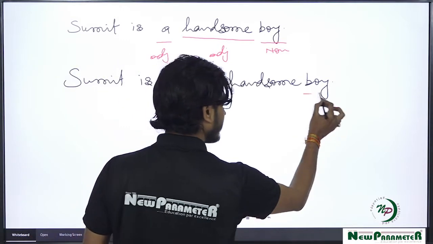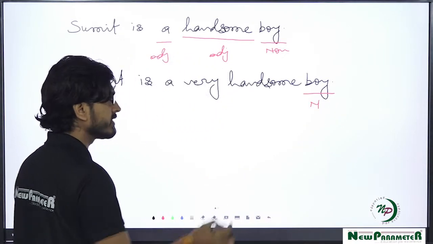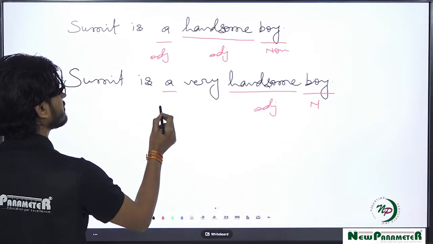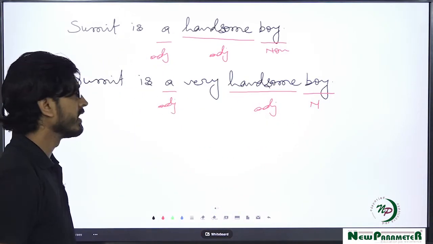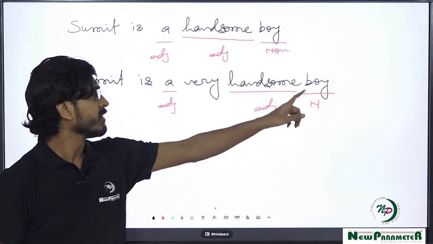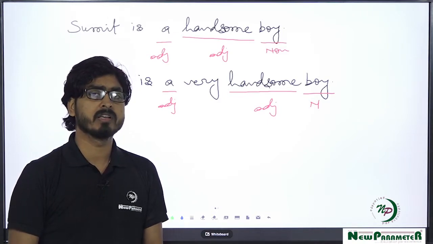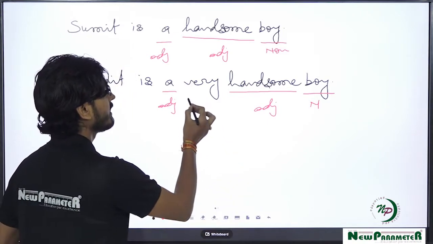Now we again see this is a noun. And what is the detail of this boy? Handsome. This is an adjective. Now we'll see, this boy is handsome, but to which extent? What is the range of his handsomeness? We can say very.